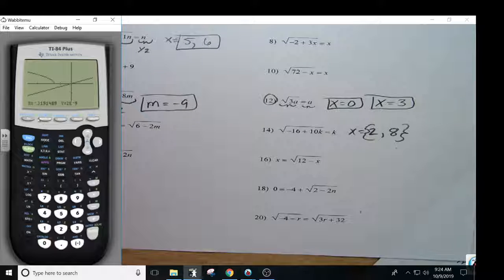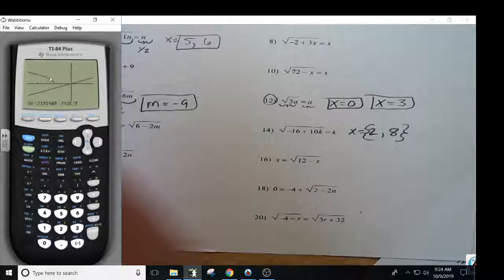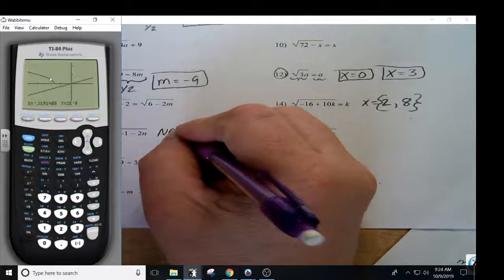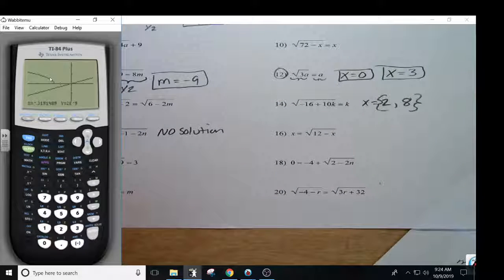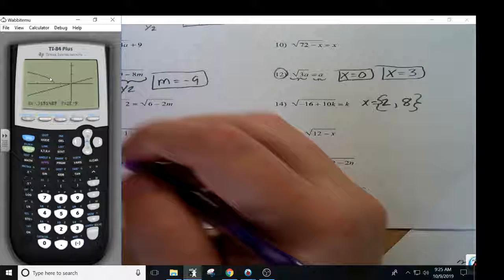See, guys, right there for number 15, see how they don't intersect? That will be no solution. If they do not intersect, guys, it's a no solution problem. Okay?